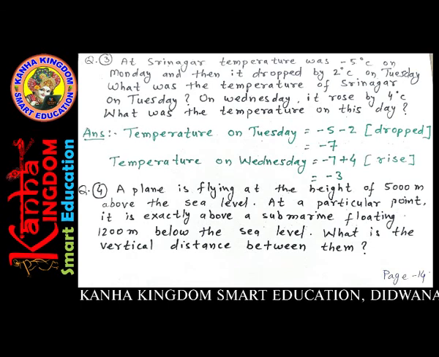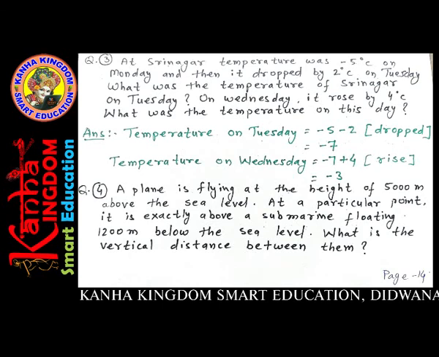In this question, a drop in temperature is denoted by a negative integer and a rise in temperature is denoted by a positive integer. So the answer is: temperature on Tuesday is -5 -2 is equal to -7 degrees centigrade. Temperature on Wednesday is -7 plus 4 is equal to -3.